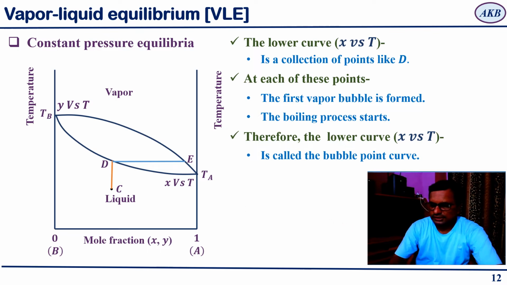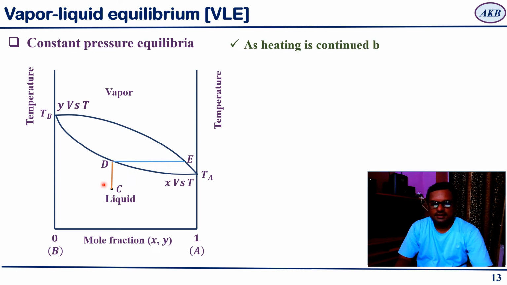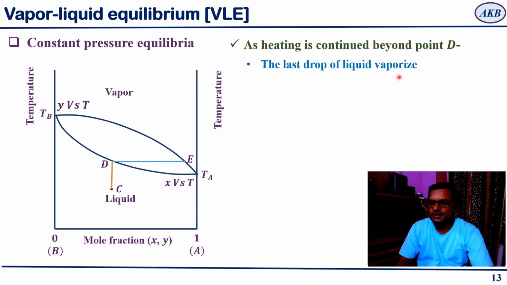Okay, so let us move ahead. After reaching point D, if you continue heating beyond point D, what happens? The last drop of liquid vaporizes at point F. You can follow it on the orange line.